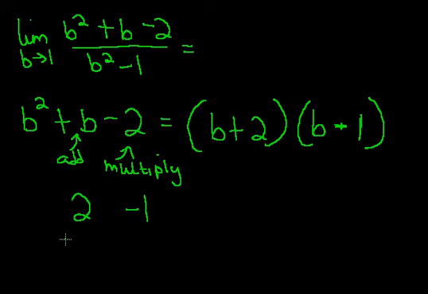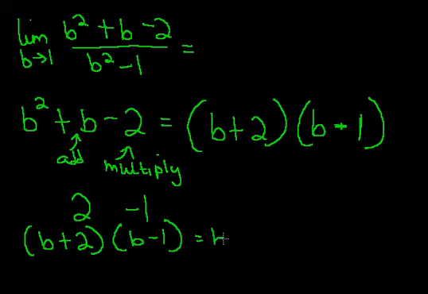And if you're not sure if this is correct, you can always multiply it out and see if it works. So let's do that actually. Let's do b plus 2 times b minus 1. And so that's b squared minus b plus 2b minus 2.